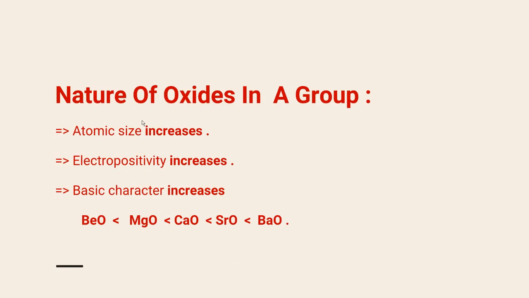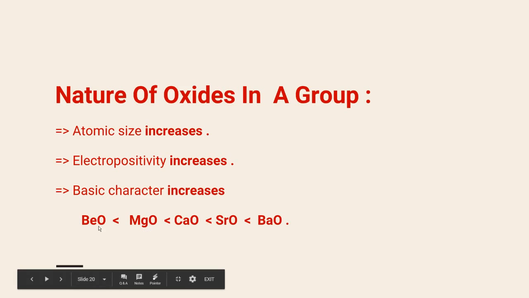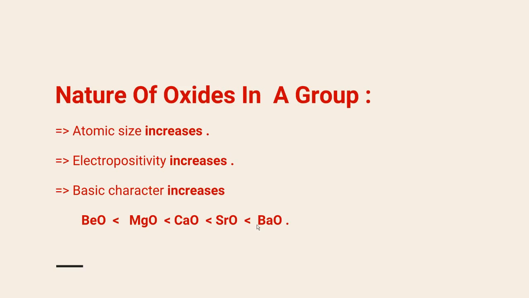In short, when the atomic size increases down the group, the electropositivity increases, that is, the ability to lose electrons increases, and the basic character increases. As you can see in this group, the second group of the periodic table, the alkaline earth metals: beryllium oxide, magnesium oxide, calcium oxide, strontium oxide, and barium oxide.